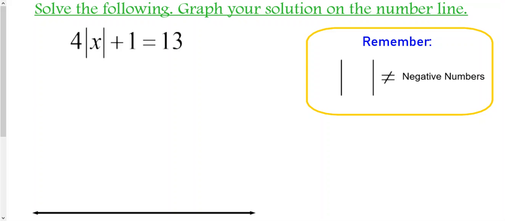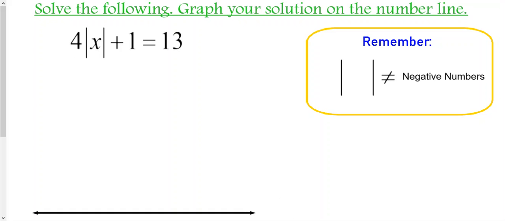So now we're going to start solving equations with absolute values. In this box over here, I want you to remember that the absolute value of something cannot equal negative numbers. So when we go back to looking at the problem, we have 4 times the absolute value of x plus 1 equals 13.